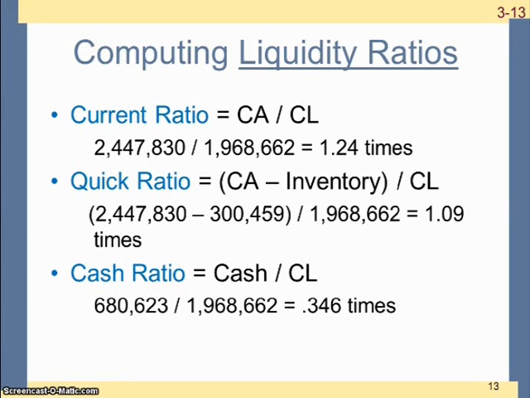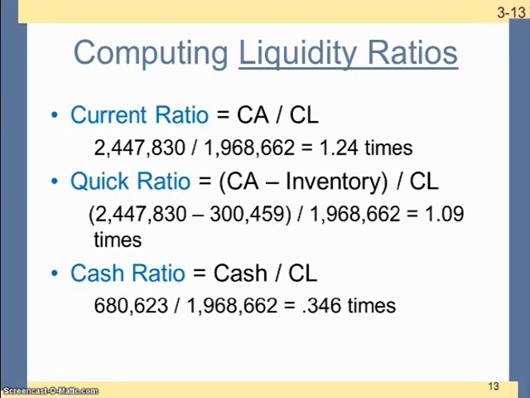Next, cash ratio, which is the ratio of a company's total cash to its current liabilities. It can determine if and how quickly the company can repay its short-term debt.